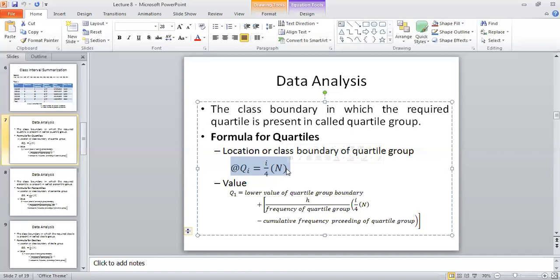This equation is different from the location equation for the quartiles in the ungrouped data statistics. In that equation, we used to multiply I upon 4 with n plus 1. So the plus 1 factor has been cut off from this equation, because normally we do class interval summarization of large data sets.